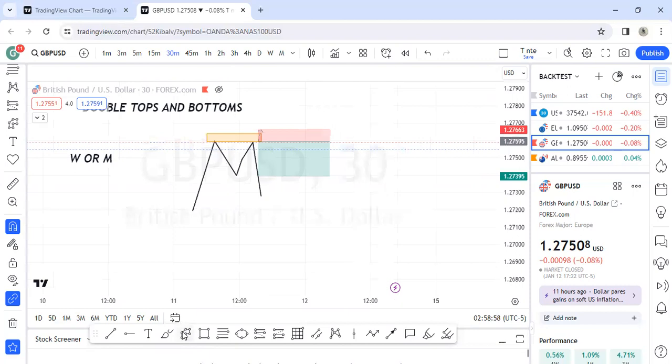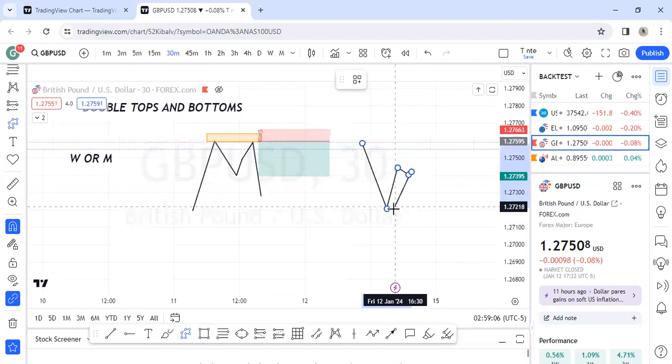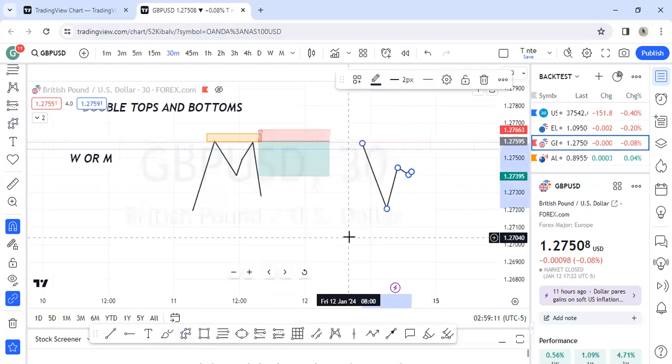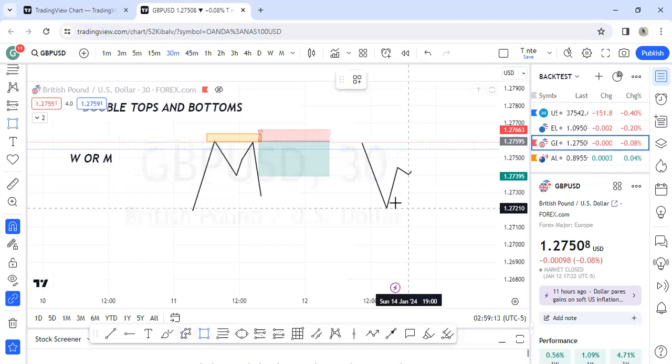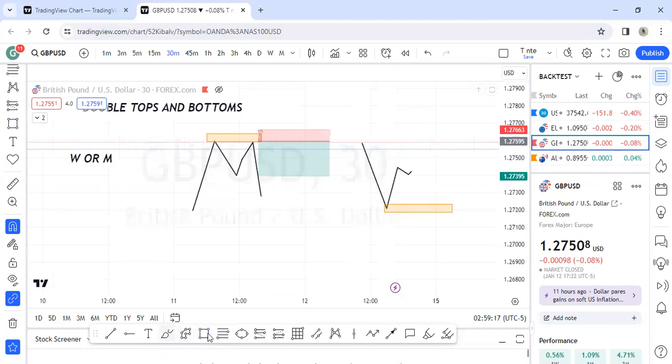When the market comes to the bottom or the support level and rejects, a classic pattern trader is looking at this as a support level. So let's simply draw out a line, okay, support level, right? And then what are they expecting? They're expecting the market to buy.